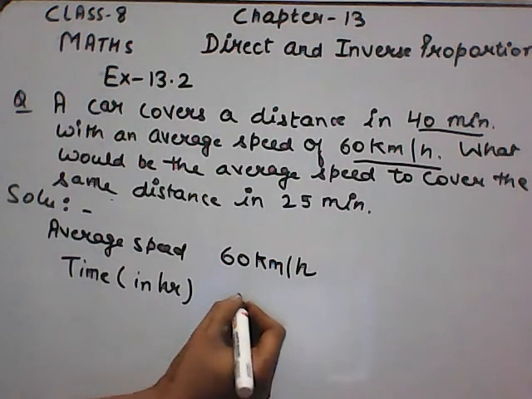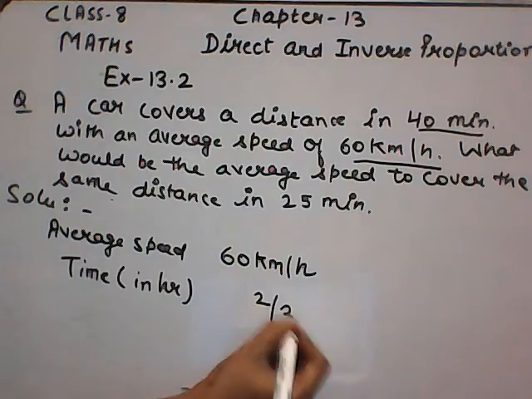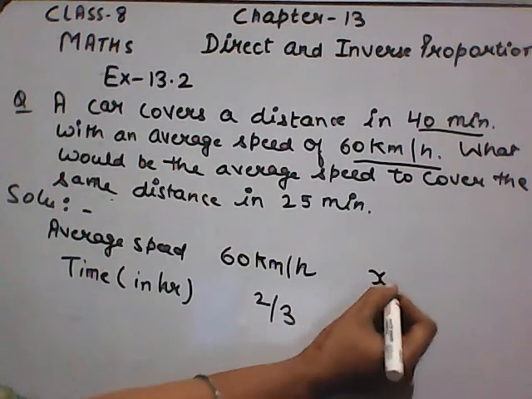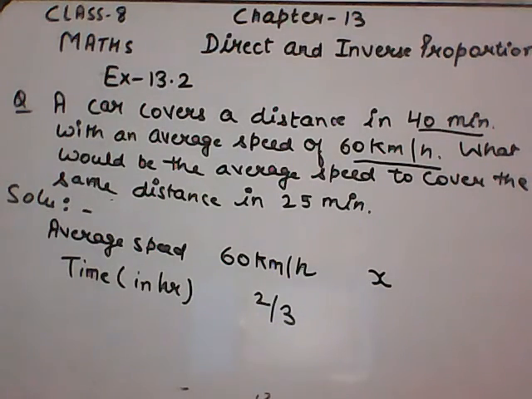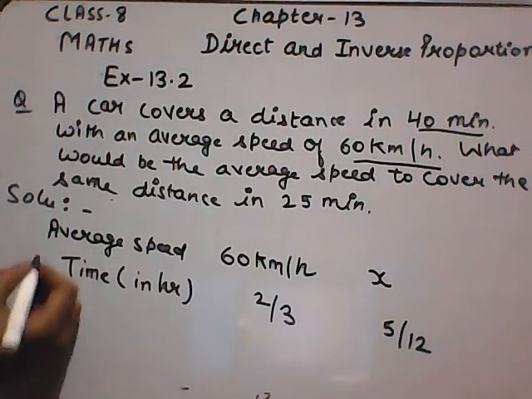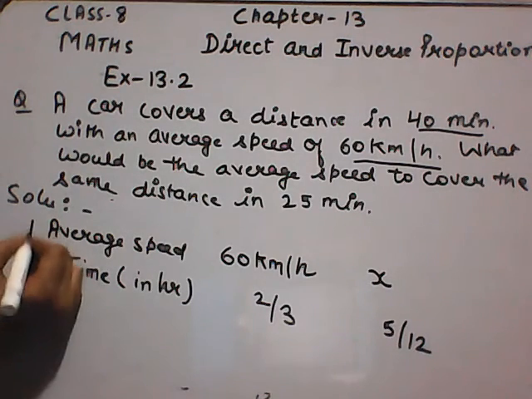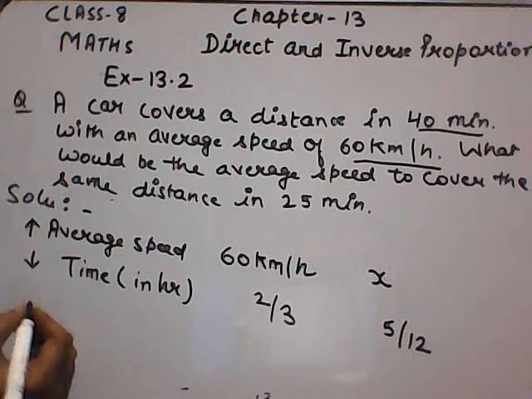That means 2 by 3 hours. Let x be the average speed to cover the same distance in 25 minutes. That means 5 by 12 hours. As the time decreases, speed increases. So there is a case of inverse proportion.